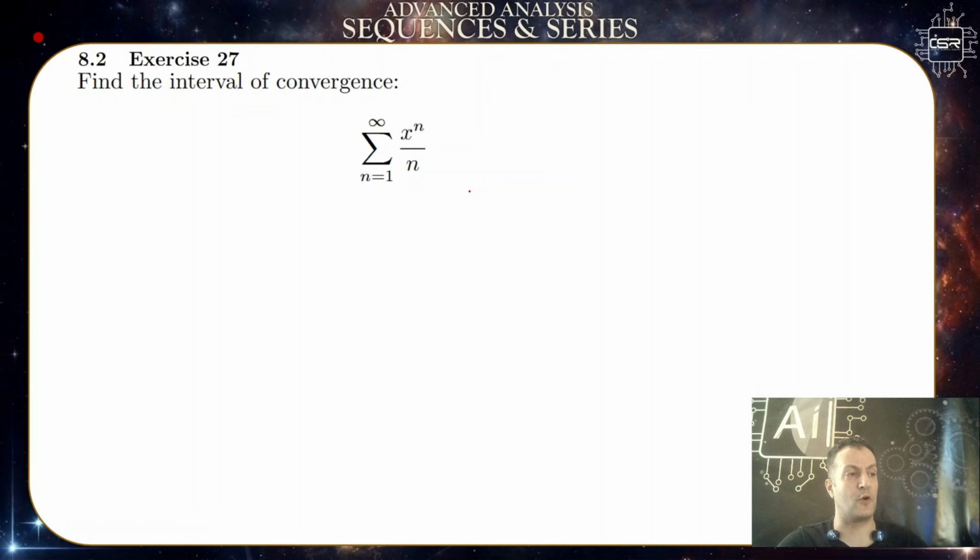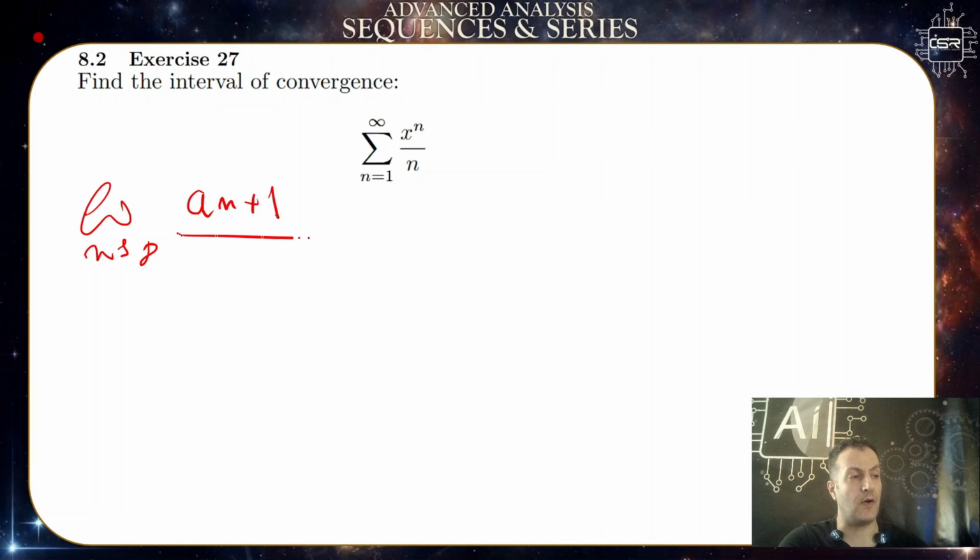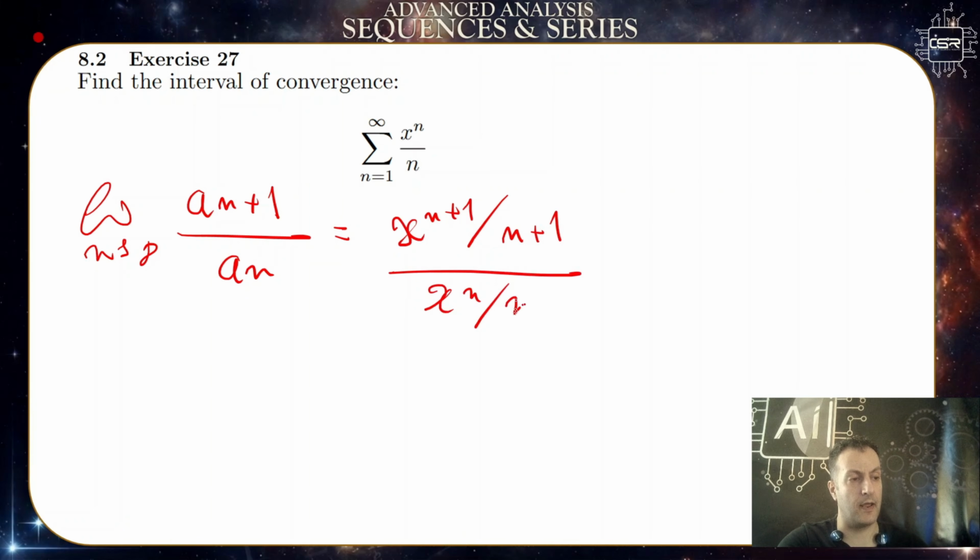Find the interval of convergence for the sum from n equals 1 to infinity of x to the power of n divided by n. Okay. So, again, using the ratio test, it is the limit as n approaches infinity of a_(n+1) divided by a_n, equal to x^(n+1) over n+1, divided by x^n over n, equal to x^(n+1) over n+1 times n over x^n.